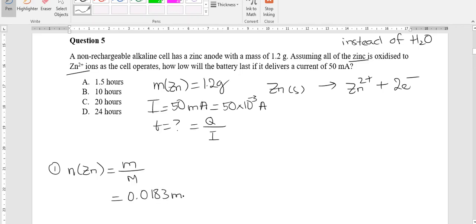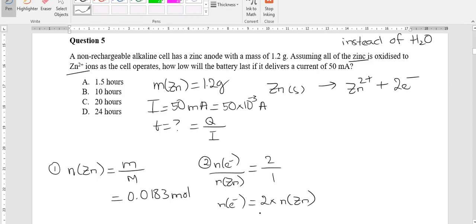mole. Now, the mole ratio between zinc and electrons, according to the half equation, is a 2-to-1 ratio. So the number of mole of electrons is twice the number of mole of zinc, which means that I just need to double this number, which should be 0.0336697.